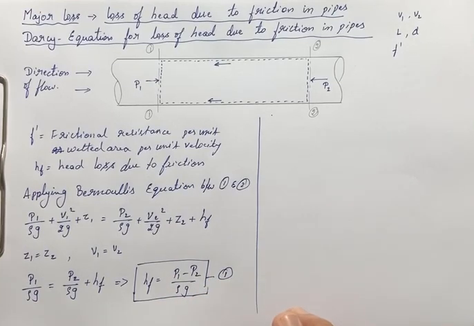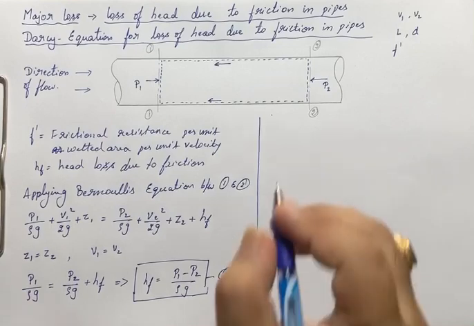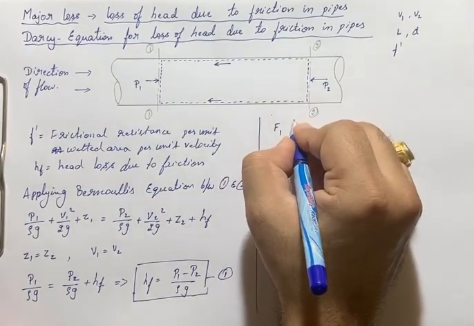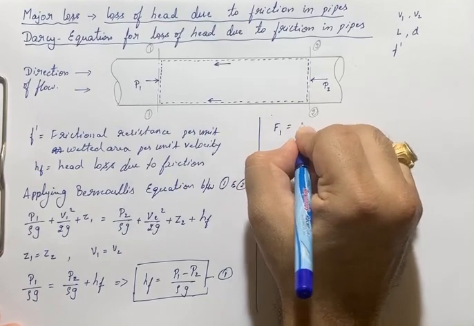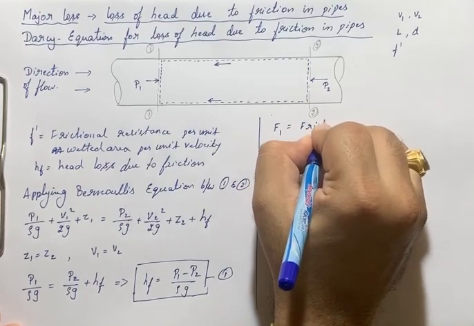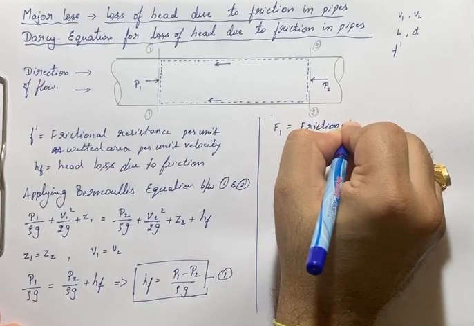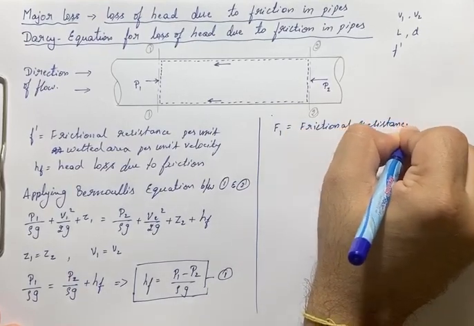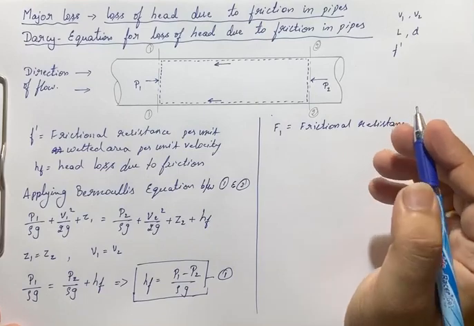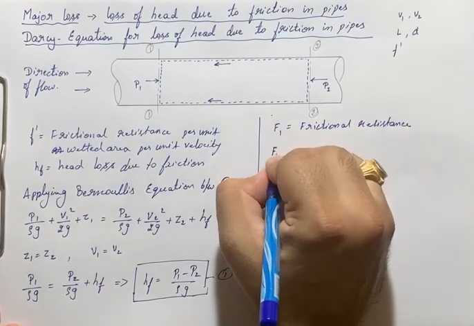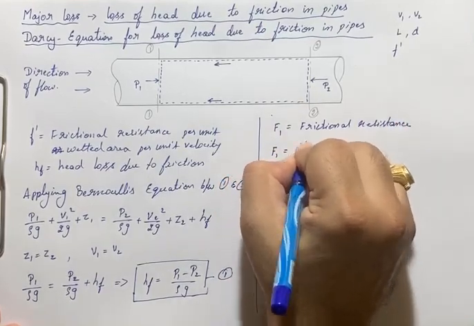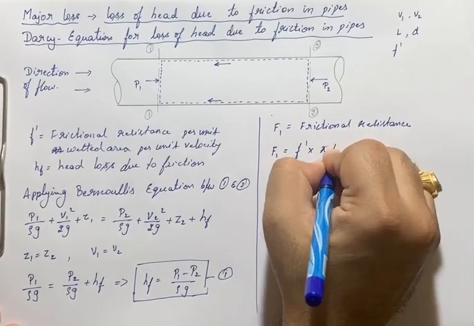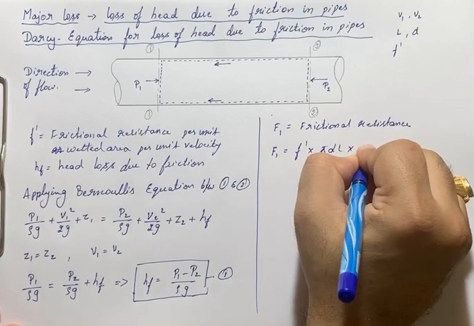Now we will be introducing one more term, that is F1. F1 here is nothing but the frictional resistance. What is frictional resistance? I can write F1 is equal to F dash into pi d l into V square.